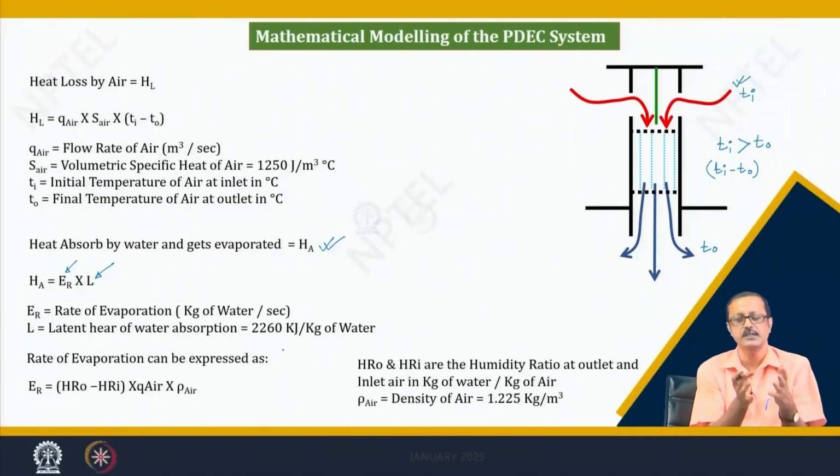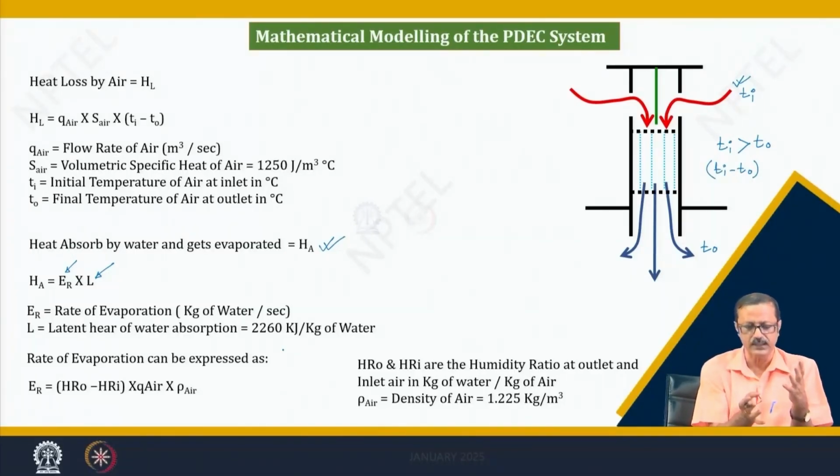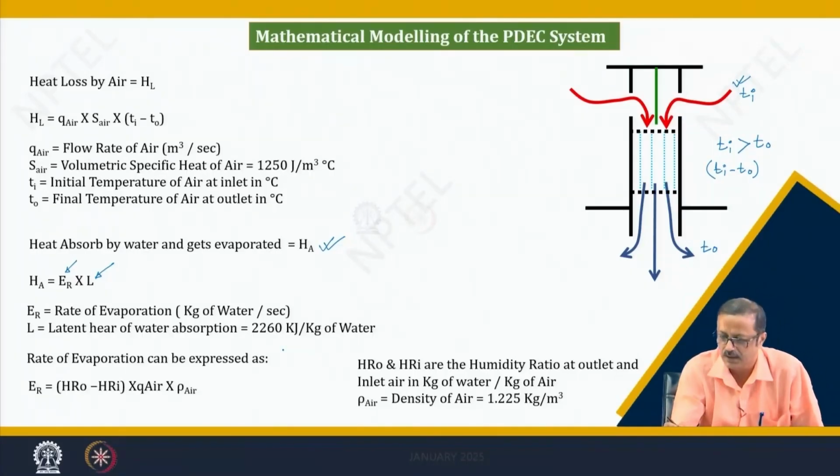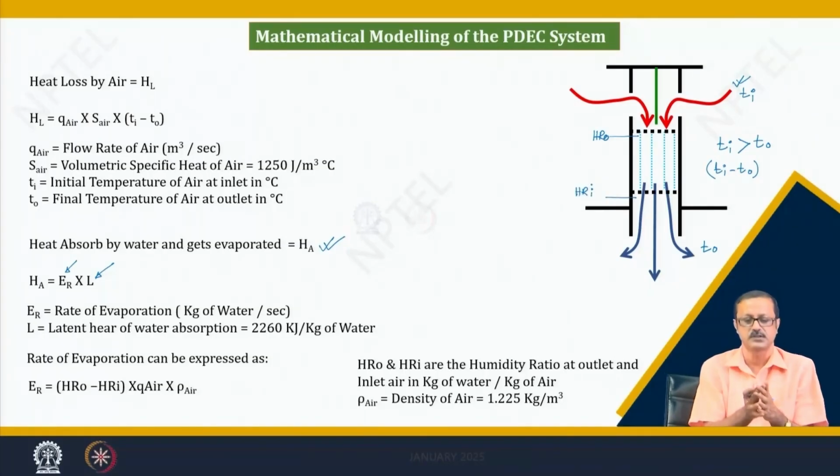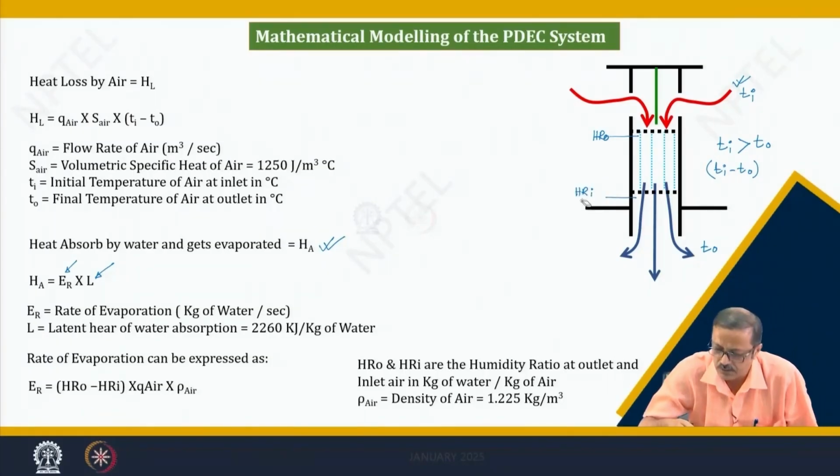The rate of evaporation can be found from the difference between the two humidity ratios, HRO and HRI, the humidity ratio of the outlet and of the inlet, where O stands for outlet and I for inlet. I was writing this wrong: this will be HR inlet, this is HR outlet.